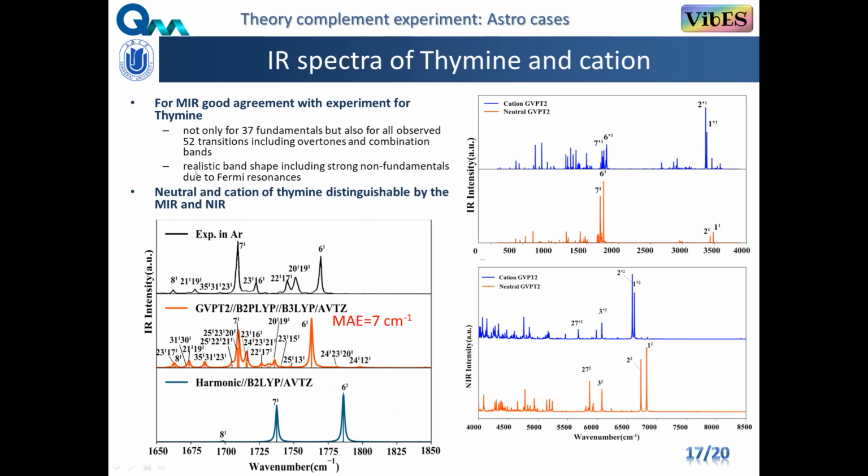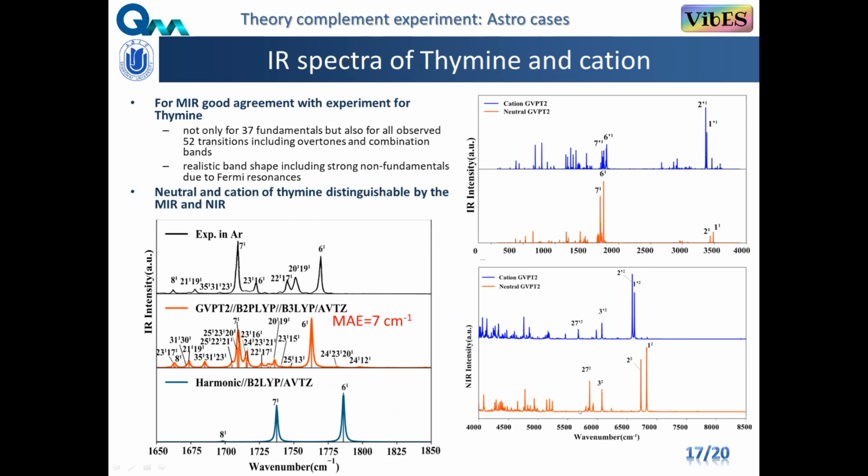And we can get a realistic shape for this energy range, which is related to the Fermi resonances. So it is again a similar case to uracil, where we have essentially 2 intense fundamental transitions at the harmonic level, but the experimental spectrum shows many more bands, and this can be reproduced by anharmonic calculations.